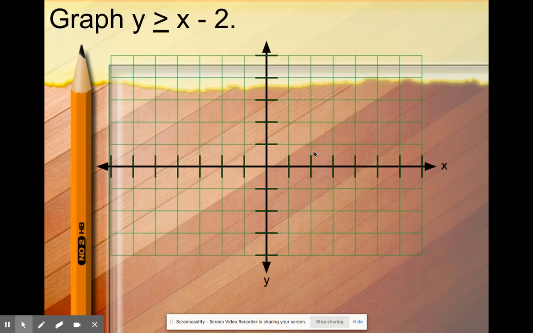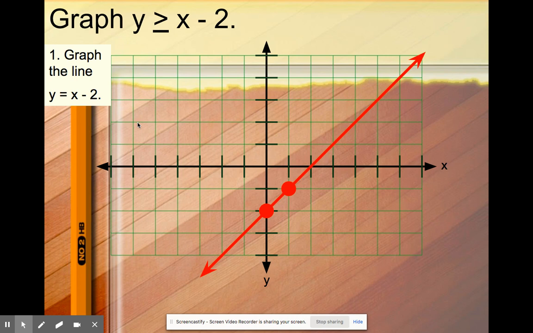For practice, if you have y is greater than or equal to x minus 2, a lot of you get lost with the sign of greater than or equal to. But in reality, we can change that just to y equals x minus 2, graph it, and then pay attention to what our sign is. Let's graph it first. If our y-intercept is negative 2, we're going to have our first point at negative 2, and then our slope is 1 over 1, so rise 1, run 1, rise 1, run 1.